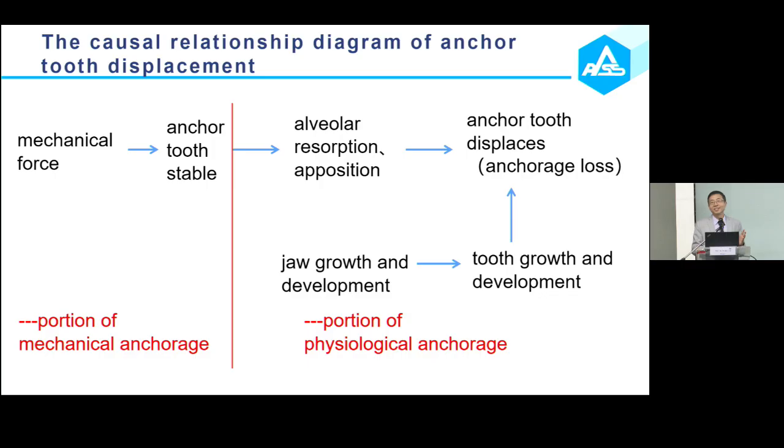It will just function like implant anchorage. Why is implant anchorage stable? Because there is no periodontal ligament, so no osteoclasts, no osteoblasts to resorb or apposit alveolar bone. That's why implant anchorage is so strong. So anchorage loss does not equal the force magnitude.